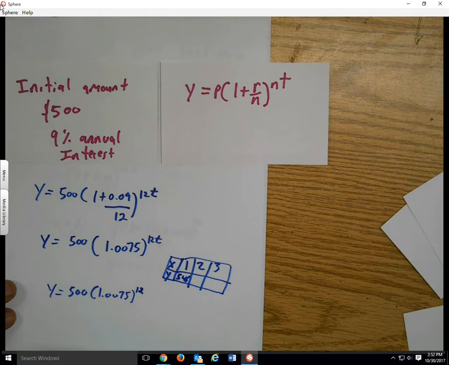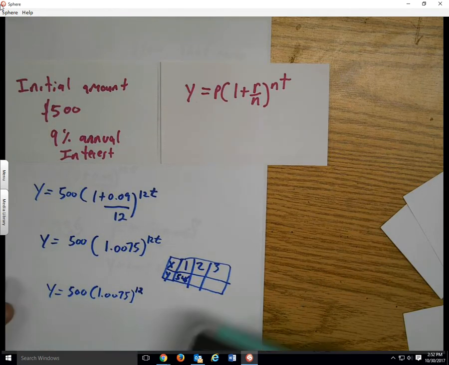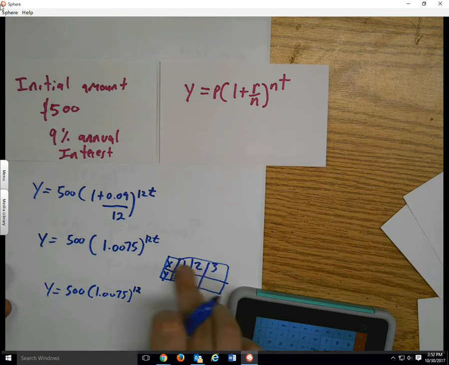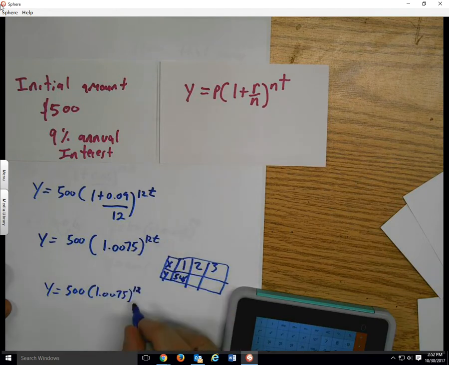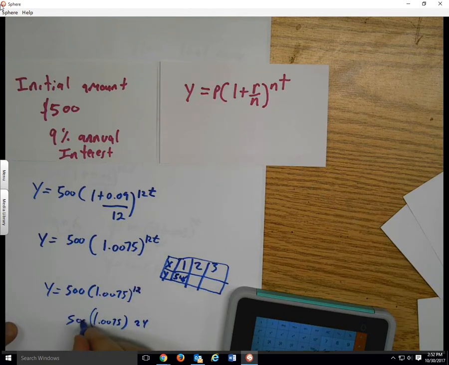Okay, let's do the same thing quickly with 2 and see what we get. So if we were to put a 2 for the exponent, 12 times 2 would be 24. So it would be 1.0075 to the 24th power, and then remember, after we do the powers, we multiply. So let's see what our total will be.